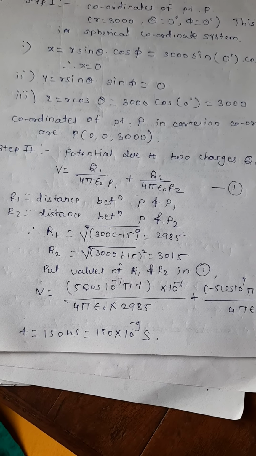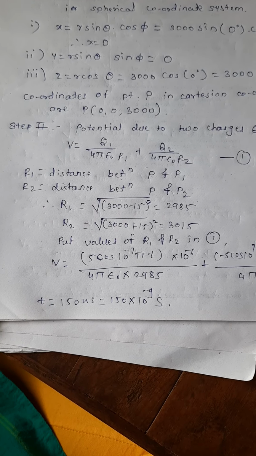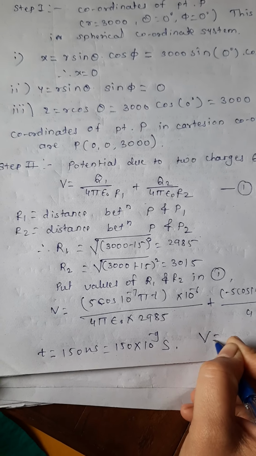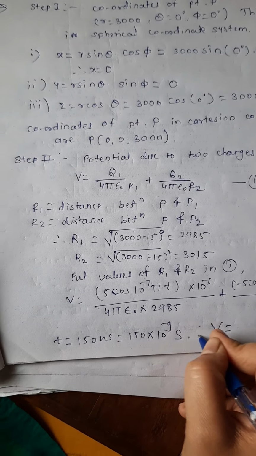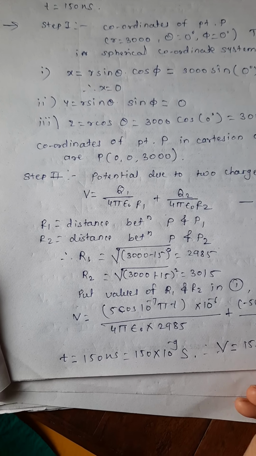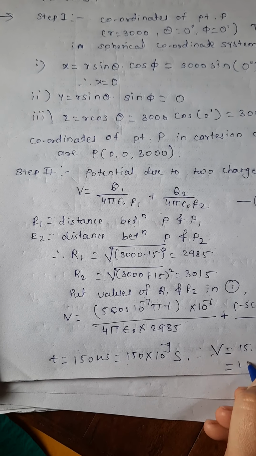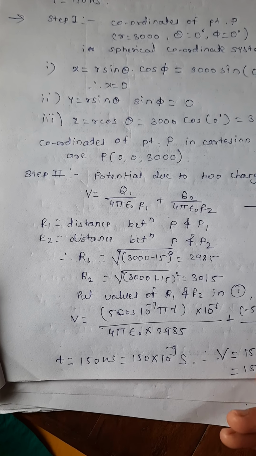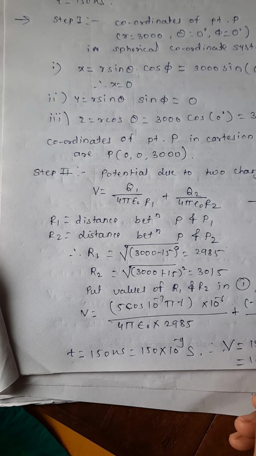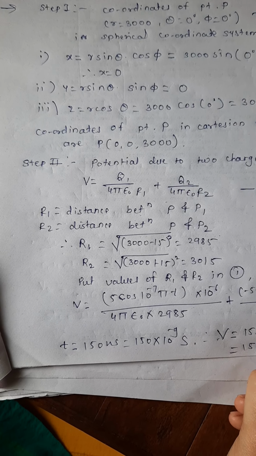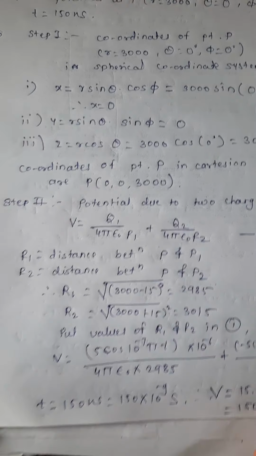We have the value of epsilon 0, so we calculate it, and V is equal to 15.0548 plus this part is 0, so it is 15.0548 volt.